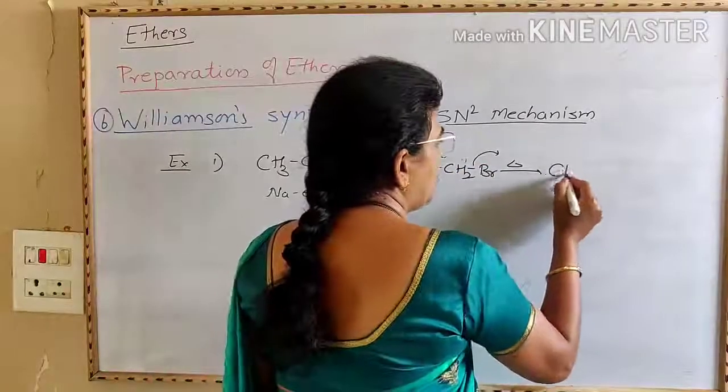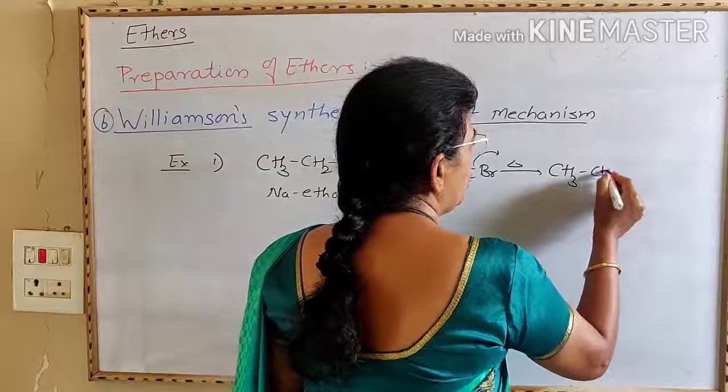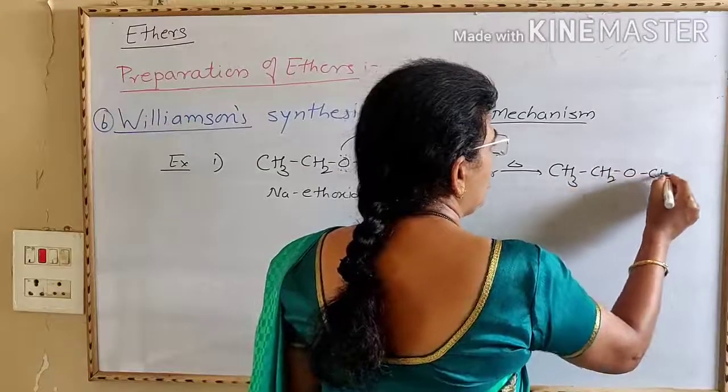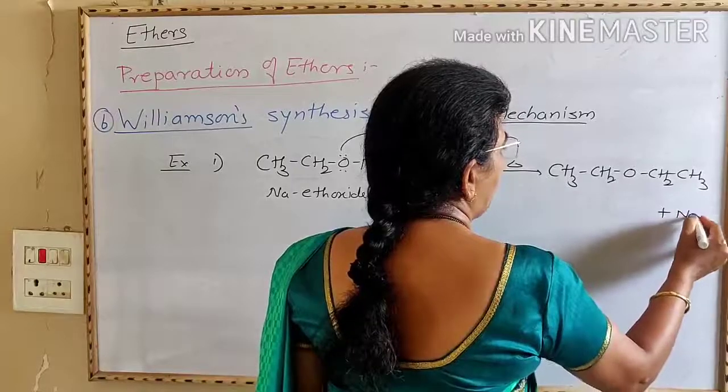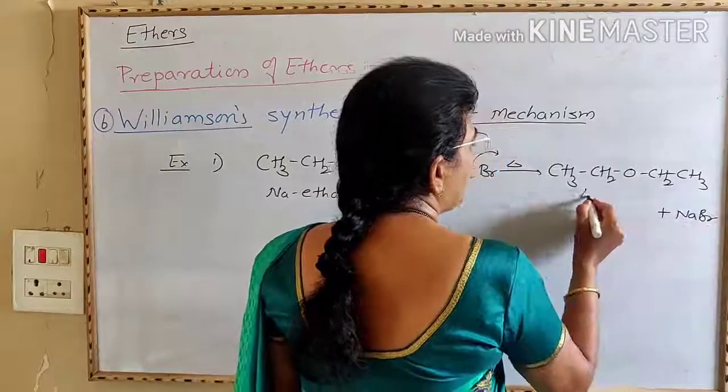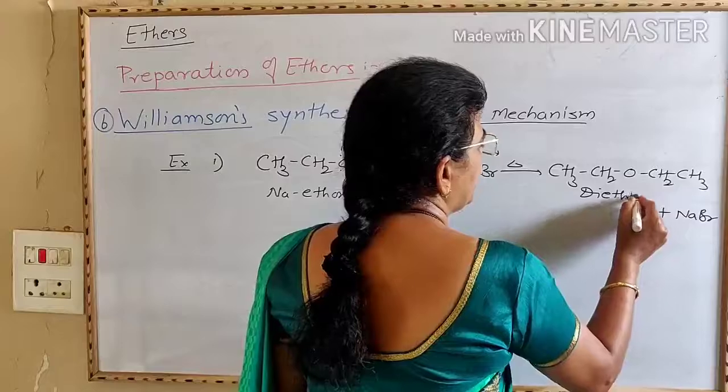Here formation of CH3CH2OCH2CH3 takes place plus NaBr. This compound is diethyl ether.